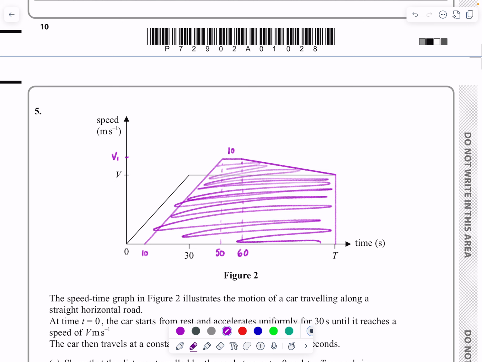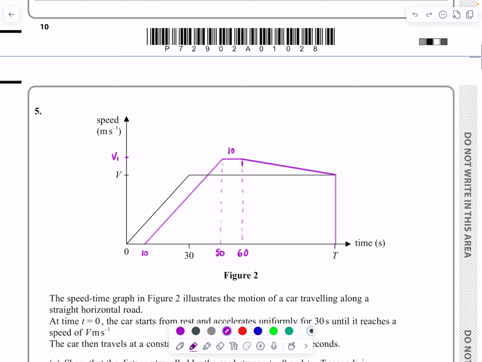So in order to work that out, I'm going to consider that as being a trapezium here, and then a second trapezium here, and try and work out what those two trapeziums work out to be.